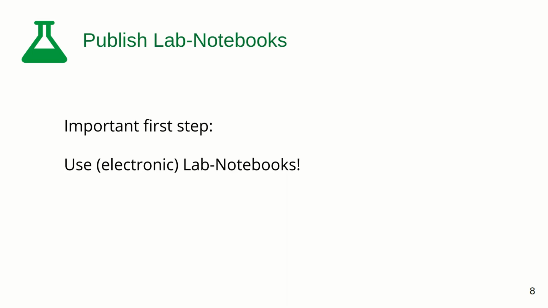Even better if you use an electronic lab notebook that you can then make more easily available to others and also in a computer-readable fashion. Even if you have a lab notebook that's in paper form, you can always scan it. But an electronic lab notebook is on your computer already, and that's much easier to publish. So whatever works for you, the first step is to use a lab notebook.